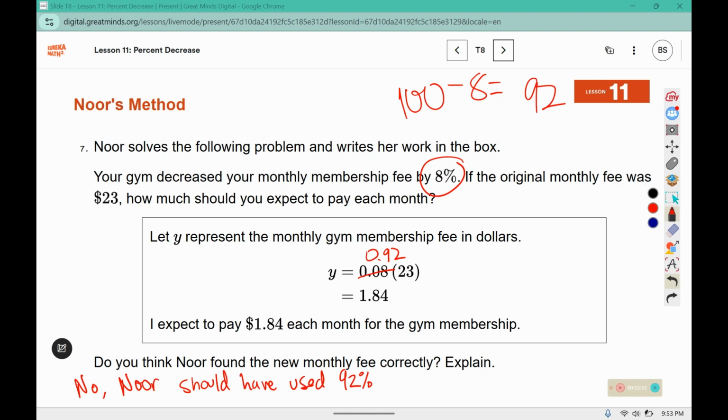What Noor actually found was how much money she's going to save. We could fix this by taking 23 and subtracting $1.84 to figure out how much she still needs to pay.